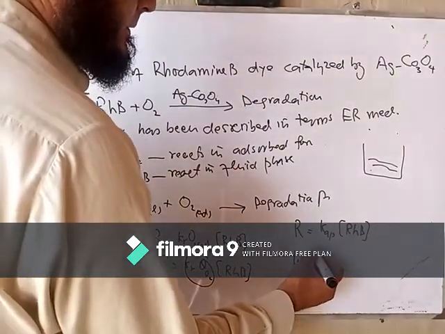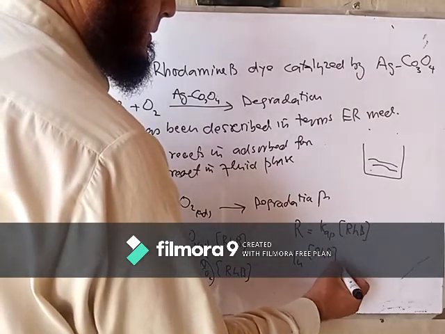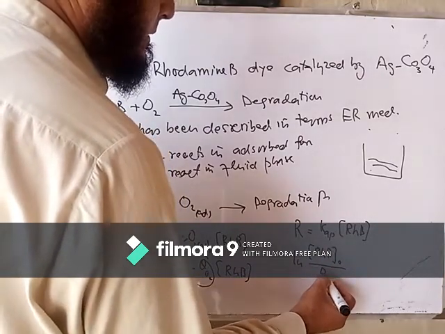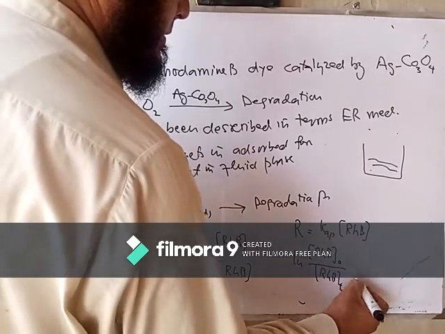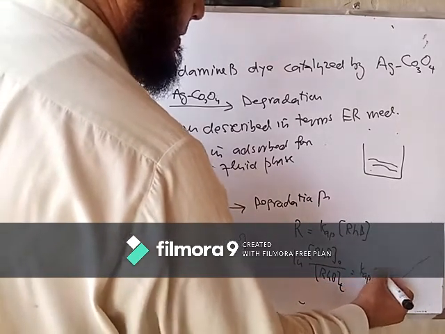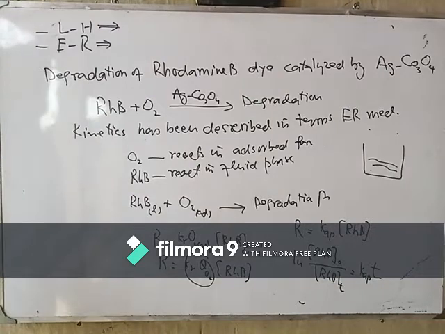That is, log of RhB naught over RhB at time t is equal to K apparent times t. You can find this article in the Chinese Journal of Chemical Engineering.